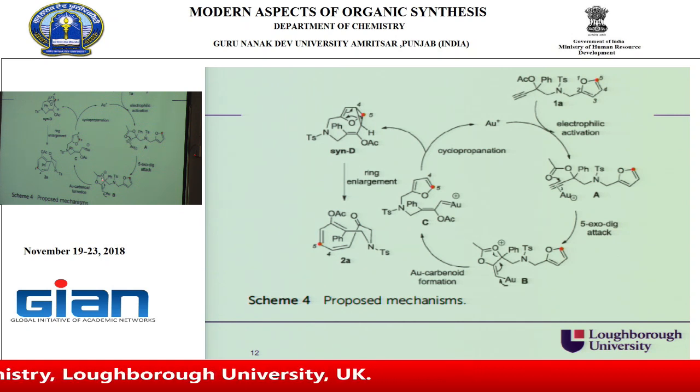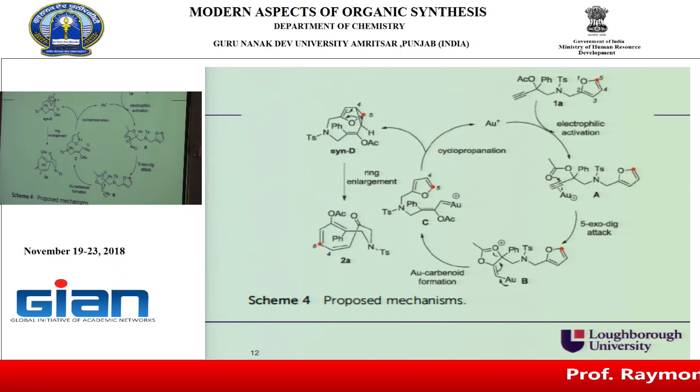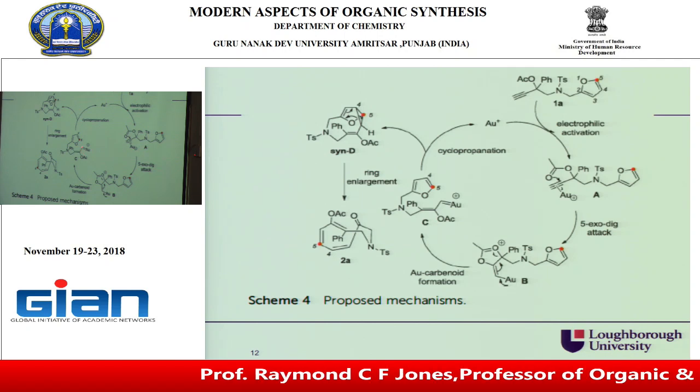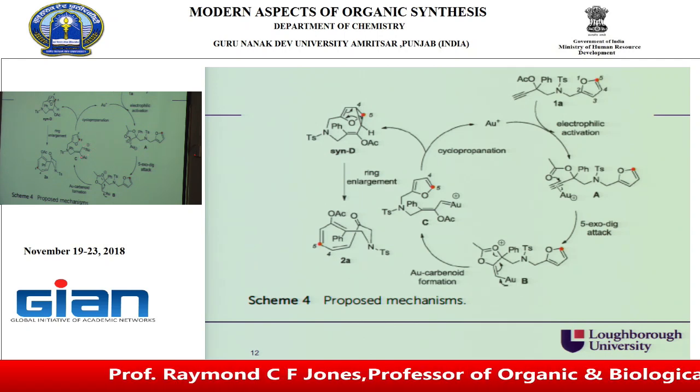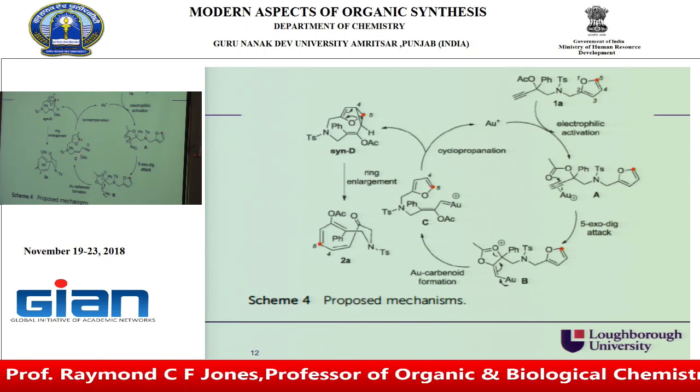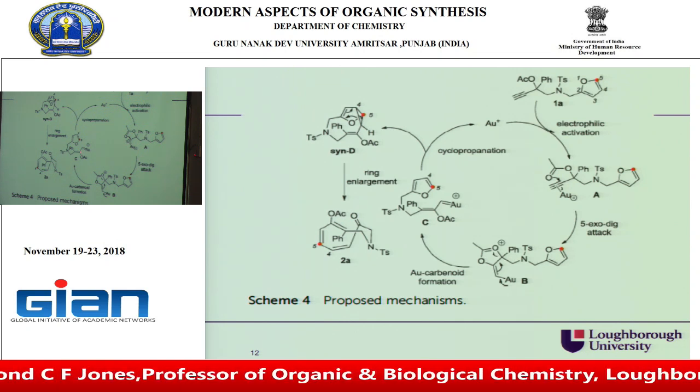And then the other C-O bond, the one that originally joined the acyl group up here as well, is broken by electrons pushing through from the gold, and what you end up with is a gold carbene, and you end up with the acyl group, in this case an acetoxy, having moved.